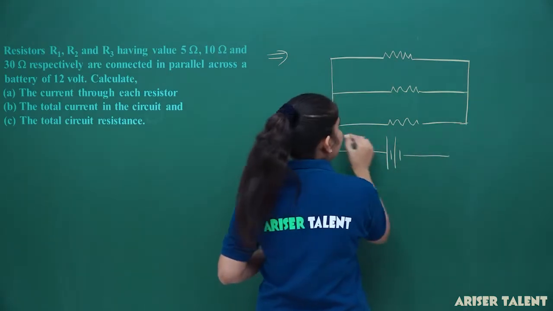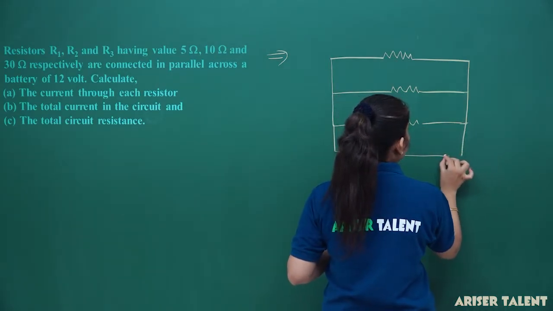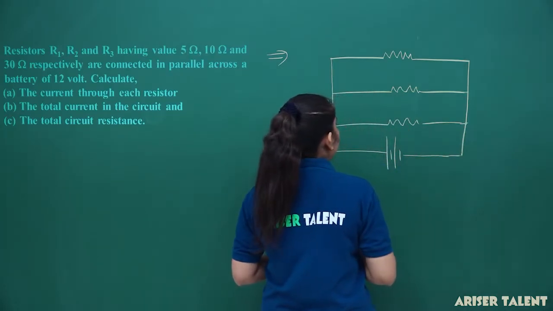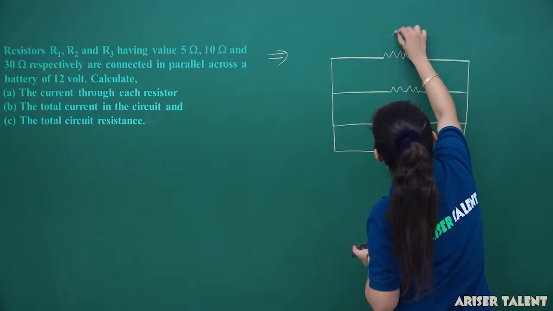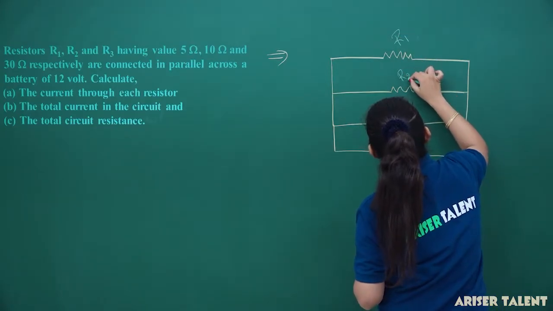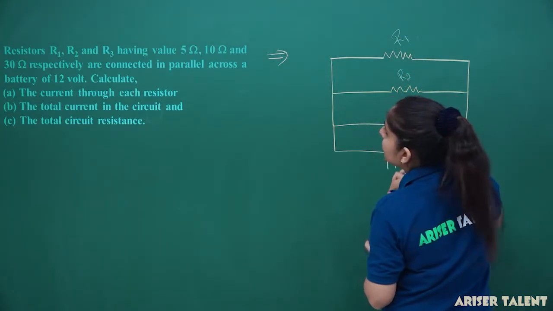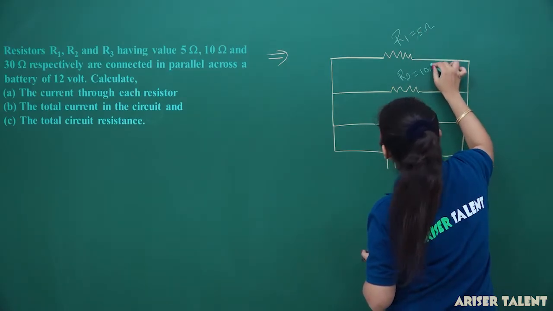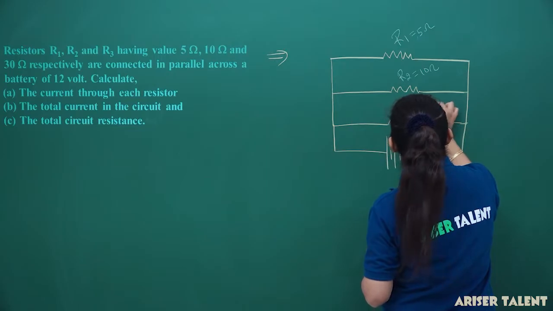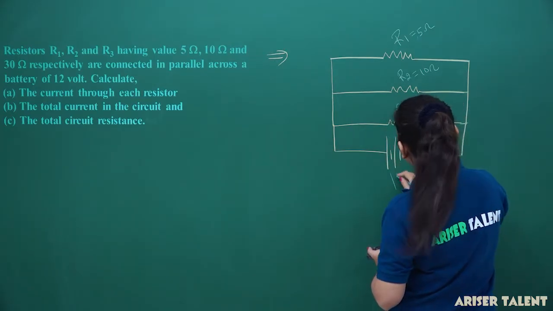These are connected by the 12 volt battery here. We have the 3 resistances that is given in the question, that is R1, R2 and R3. And these are 5 ohm, 10 ohm and 30 ohm. And the battery is of 12 volt.